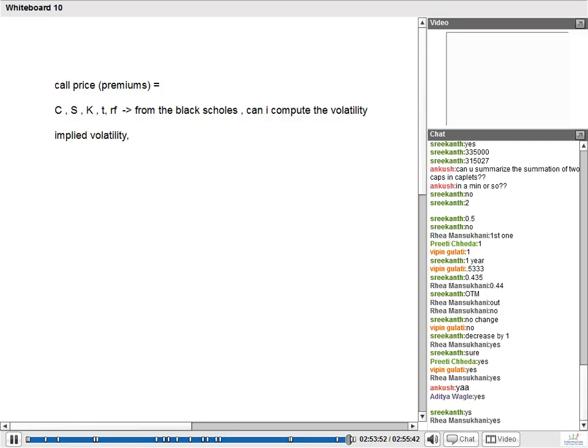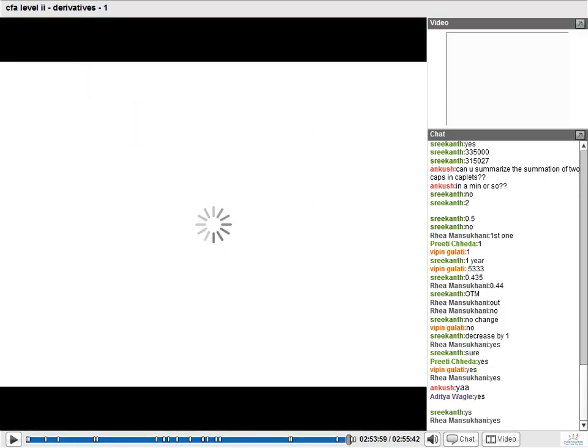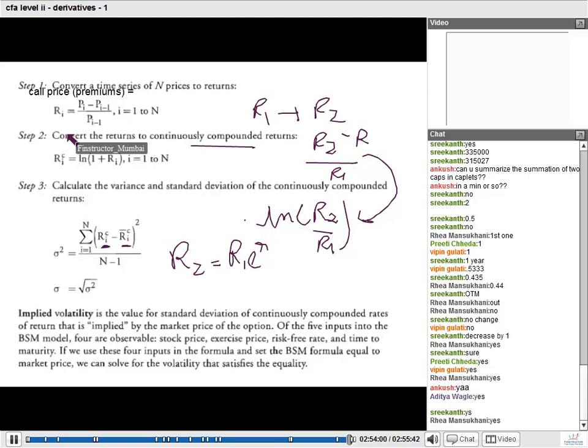If you are to value the call option and compute C, then you can input the volatility as computed from the historical returns. Just take the average, take the deviations and compute the historical volatility. But if you know the call price, then you can compute the implied volatility or the implied riskiness of the market using the Black-Scholes model.